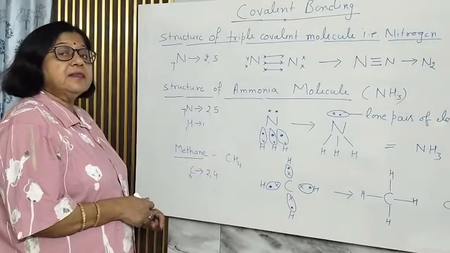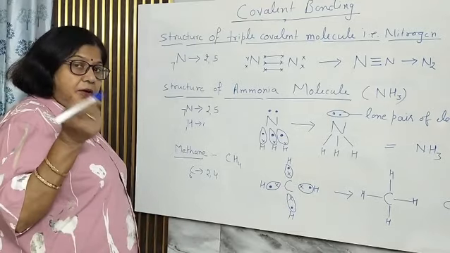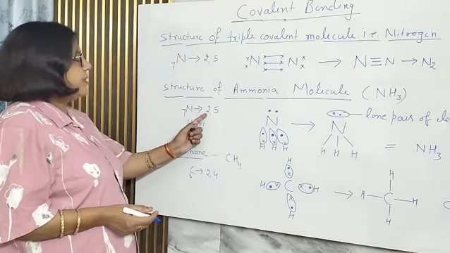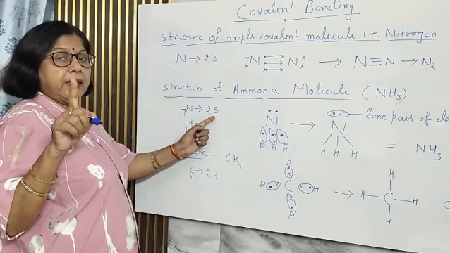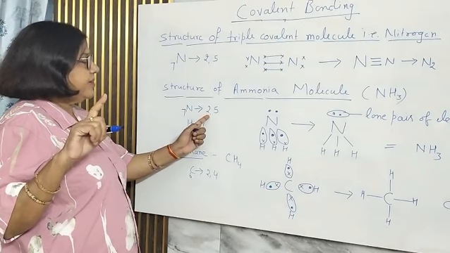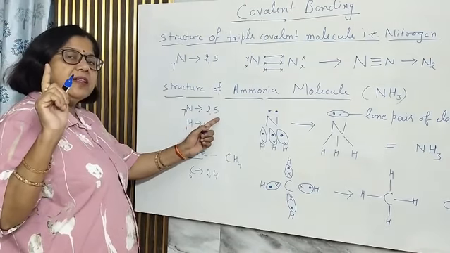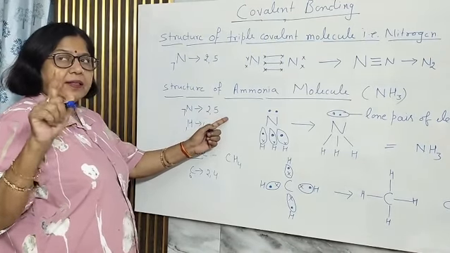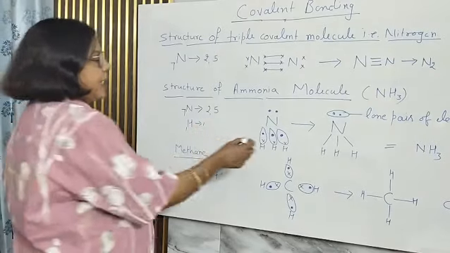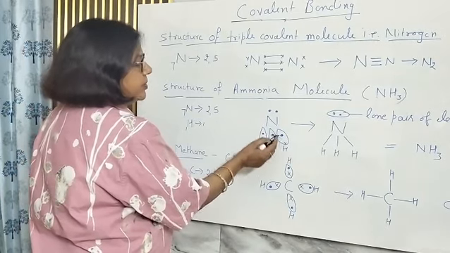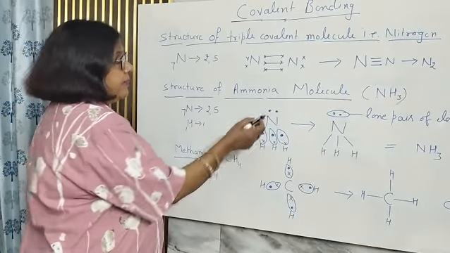Now if the question arises about the octet of nitrogen, because nitrogen has its outermost shell, which shell? L shell. And I told you in the very beginning that except the K shell, all the rest of the shells are satisfied when they have 8 electrons in the outermost shell. So the hydrogen duplets are completed.